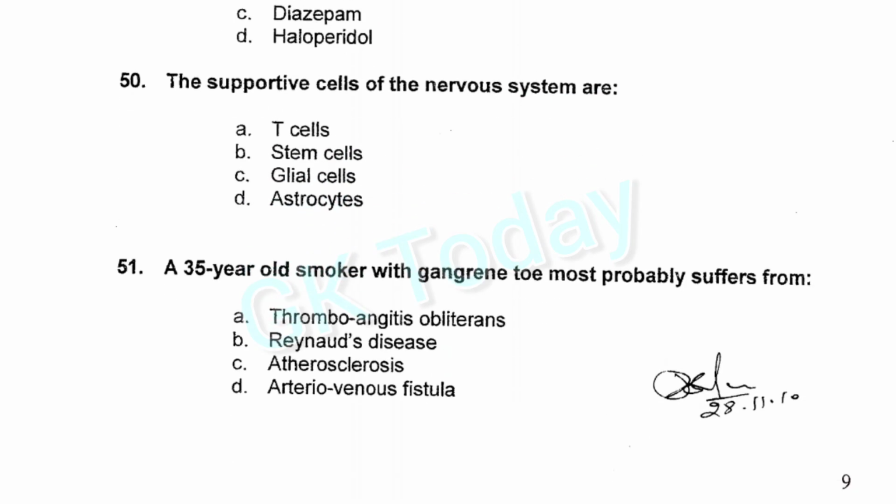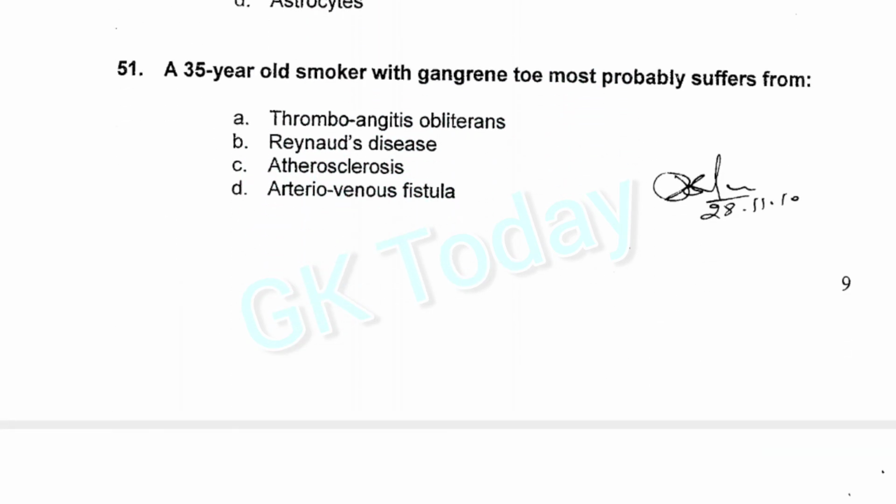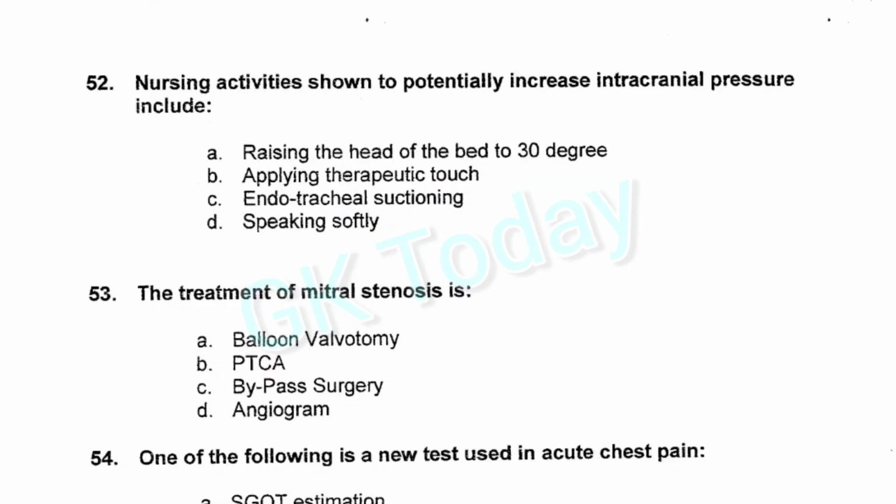Question number 51. A 35-year-old smoker with gangrene toe most probably suffers from, correct answer is option A, thromboangiitis obliterans. Question number 52.